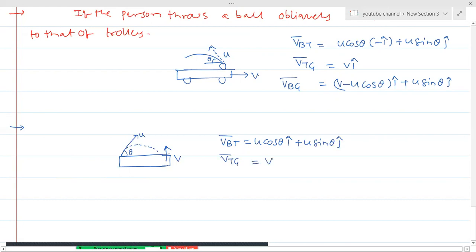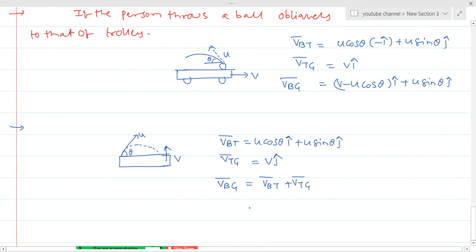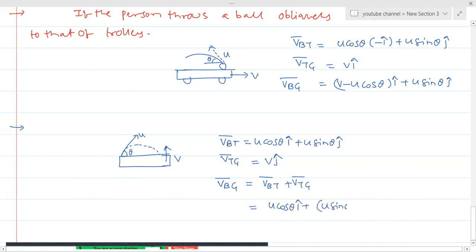It is moving vertically, so I am taking v j cap. So when we need the velocity of the body with respect to ground, we write v_bt plus v_tg, which is u cos theta i cap plus (u sin theta plus v) into j cap. In this way, we will understand the discussion here.